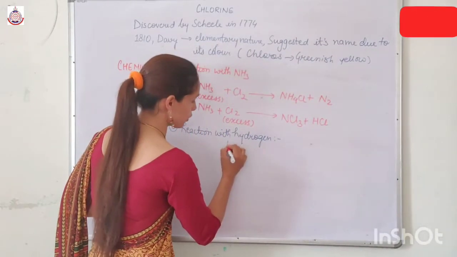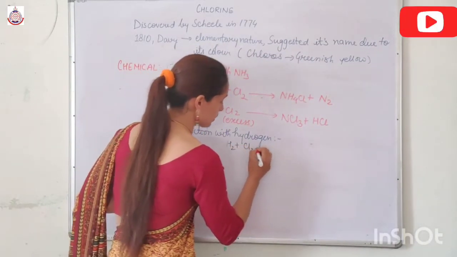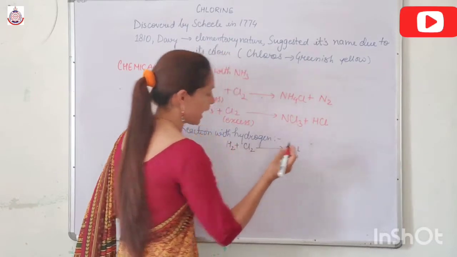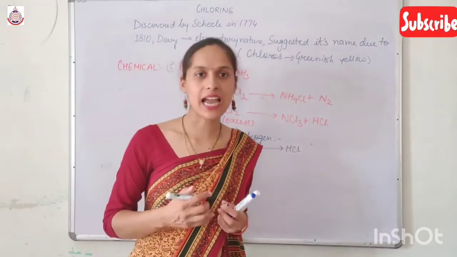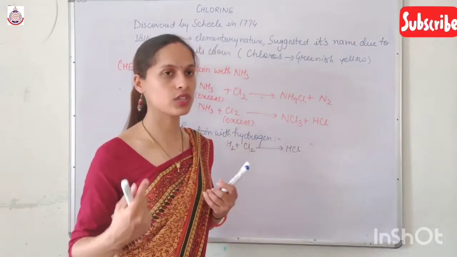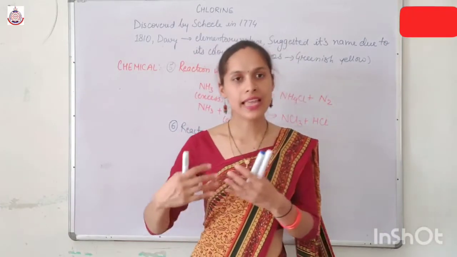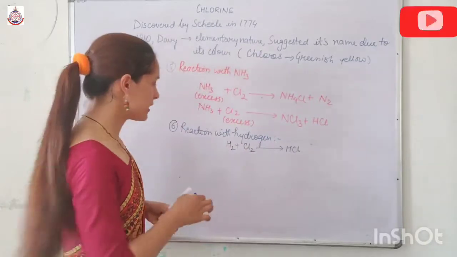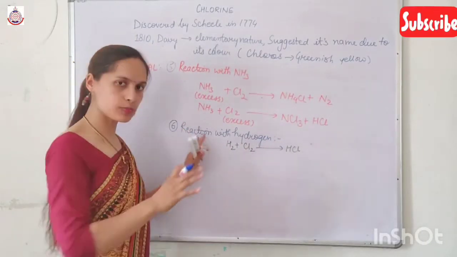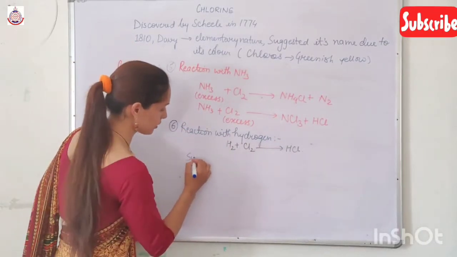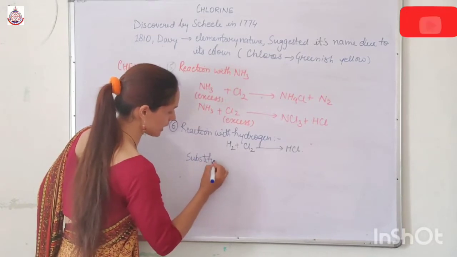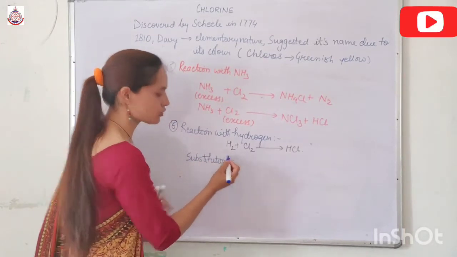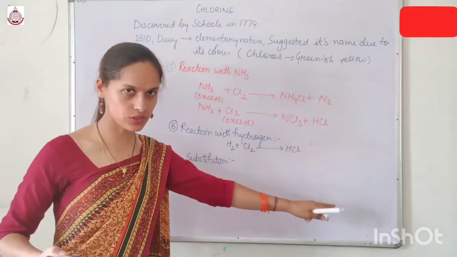Chlorine reacts with hydrogen to form HCl, and if it reacts with any hydrogen containing compound, then it forms products also. In this step, we can say that it undergoes substitution reaction in alkane. Why? Because it has a strong affinity towards hydrogen.